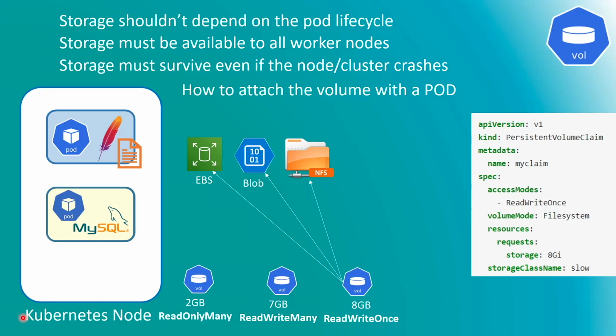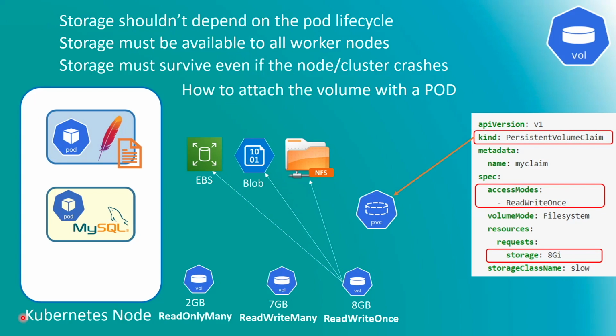Again, this is a Kubernetes manifest file to create a persistent volume claim. That is why you can see the kind is PersistentVolumeClaim. The access mode is ReadWriteOnce and the storage amount is 8 GB. When we create this persistent volume claim with the storage and access mode we have specified, it will find the appropriate volume available in the cluster and bind with it.